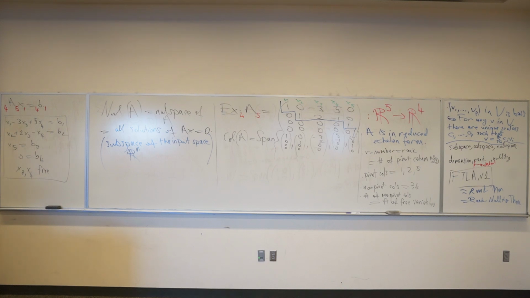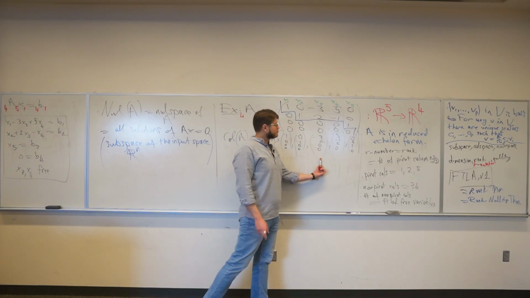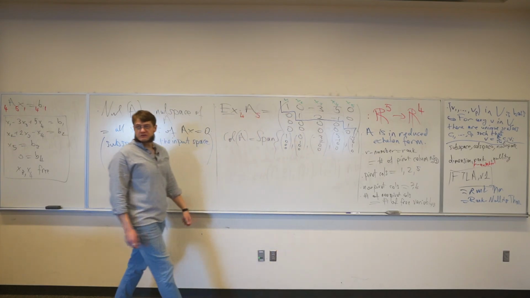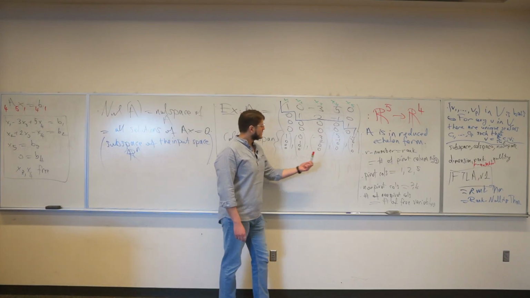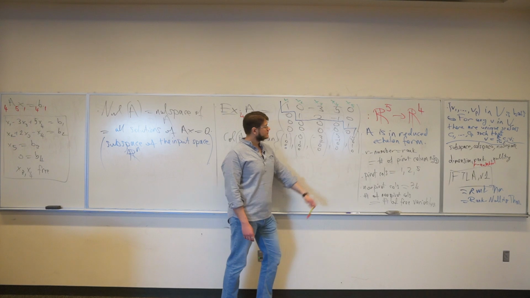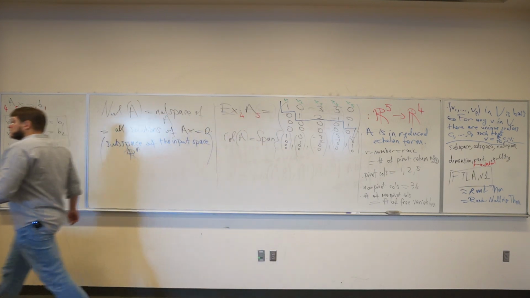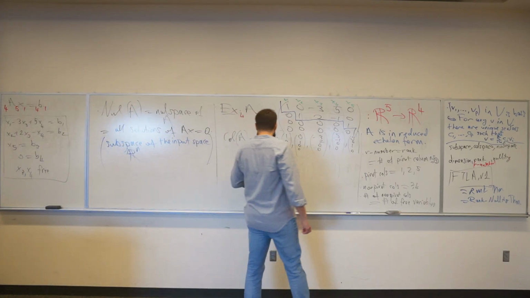But there is some redundancy here, you see. This is perfectly okay to write. But the columns that correspond to non-pivots, the non-pivot columns, really are redundant. Because for instance, the third column I can write as a linear combo of the first two columns. And likewise, the fourth column I can write as a linear combo of the first two columns. So if I want, I could just get rid of the non-pivot columns and write it like so.